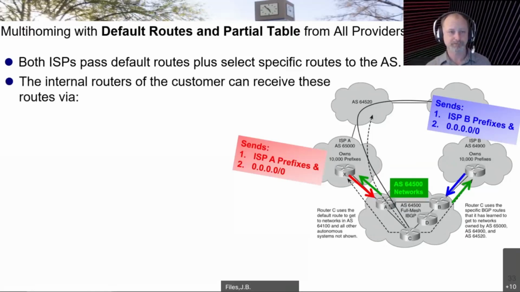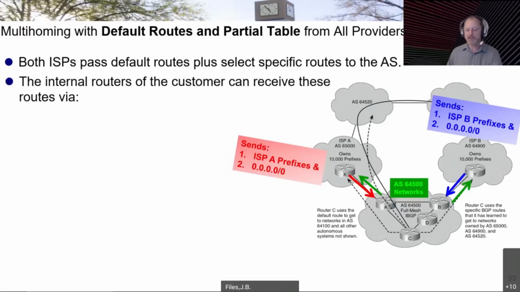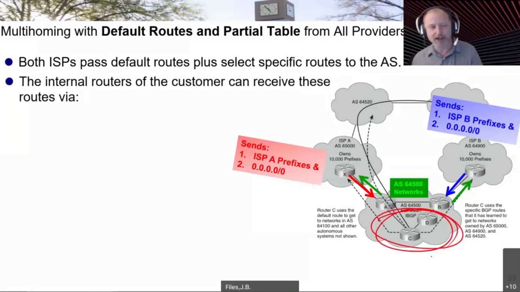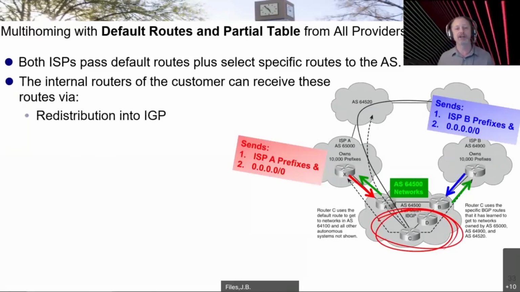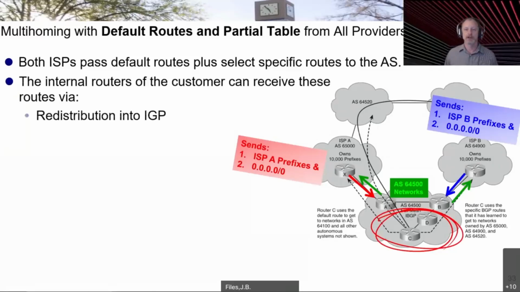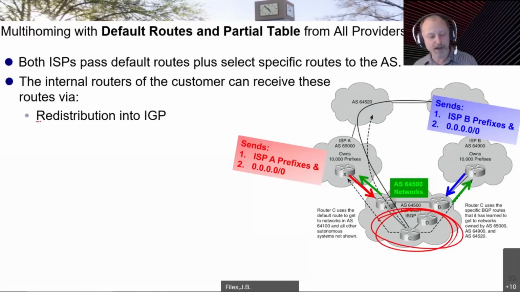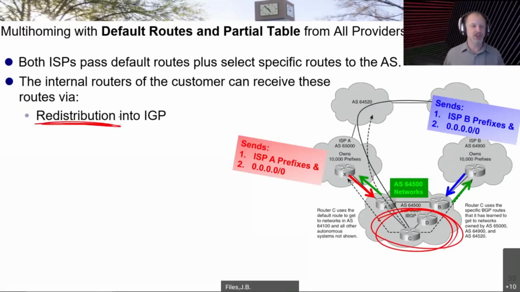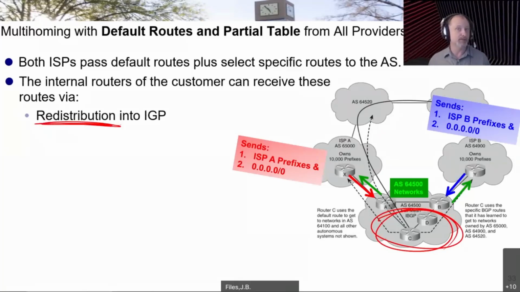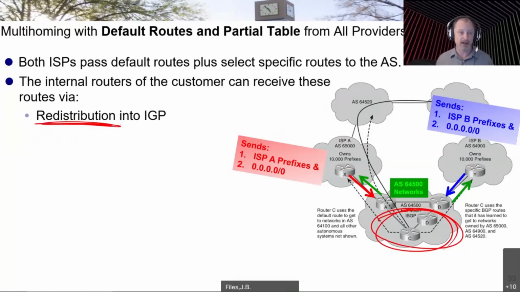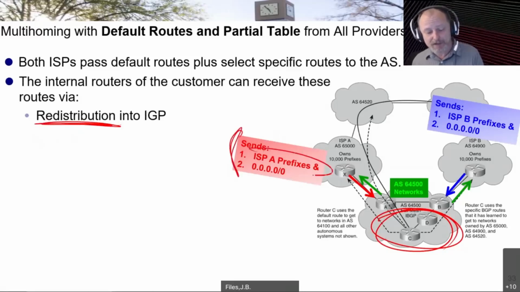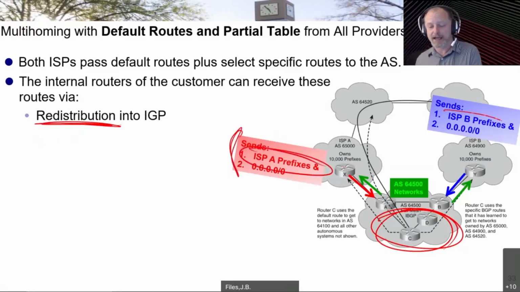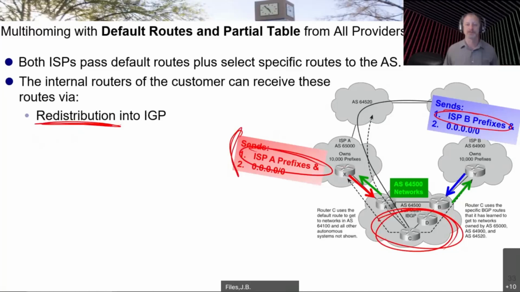Okay. So our internal routers down here are going to receive these routes via our interior gateway routing protocol via redistribution. We generally don't redistribute BGP routes into a dynamic routing protocol. Although in this case we might, if this isn't a lot of prefixes.